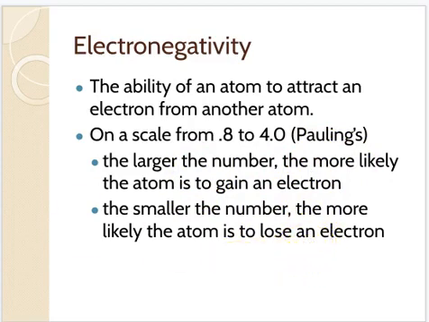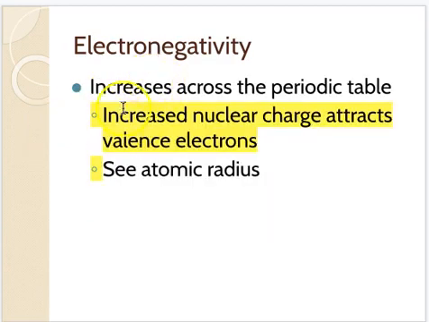So let's look at our trend from left to right on the periodic table. Electronegativity increases. So it's more likely to gain that electron because it has a stronger nuclear pull, right? And that has to do with the size. Because they're getting smaller, the likelihood to gain gets larger.